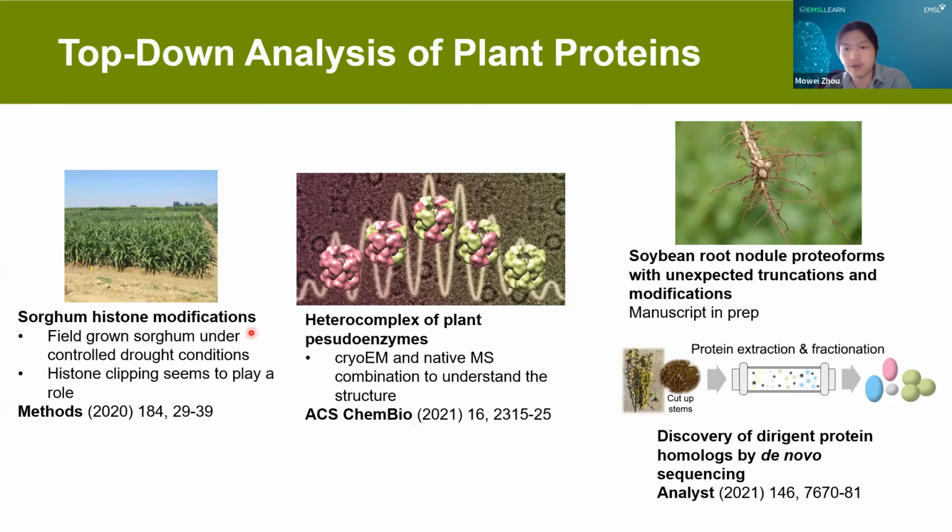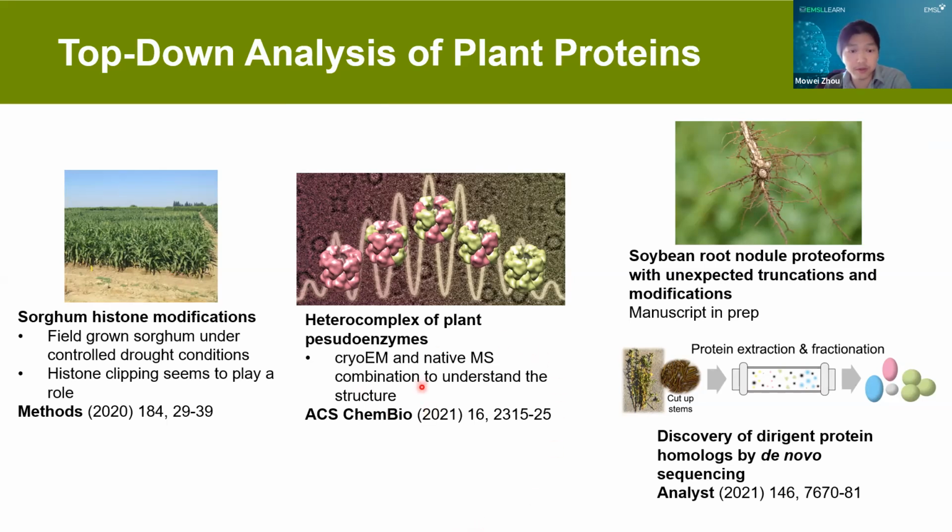Some of it is already published, so I won't talk about it in detail, including some histone post-translational modifications in the sorghum plant grown in the field under drought conditions. We're trying to find epigenetic markers related to drought response to develop more resilient plants for harsh environments.